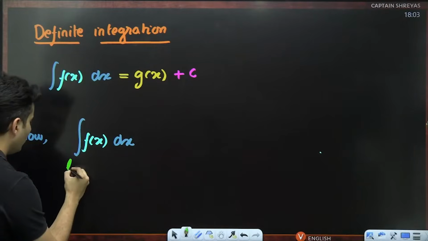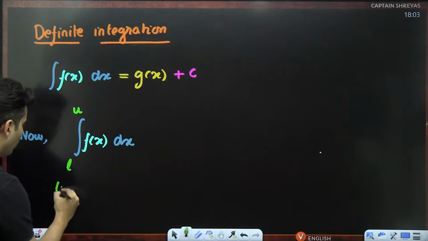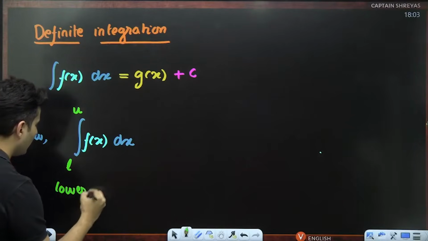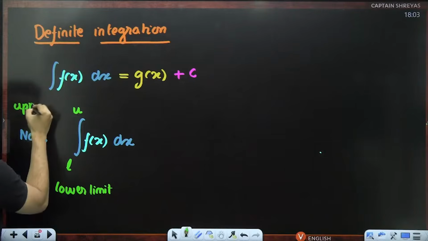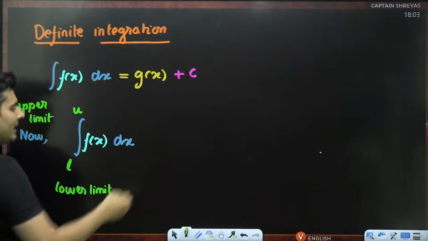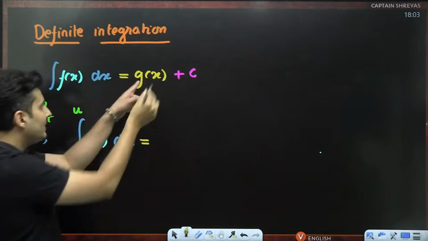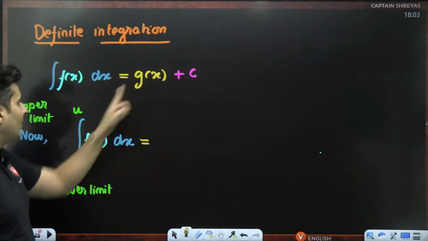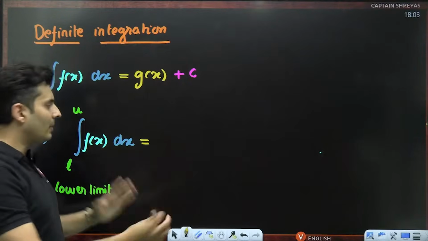One is the lower limit, one is the upper limit. What it tells you is, substitute instead of x the upper limit, substitute instead of x the lower limit, and then subtract the two.